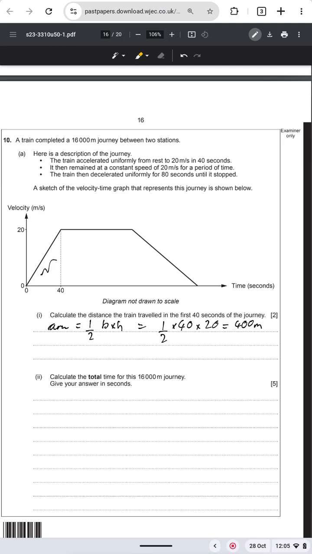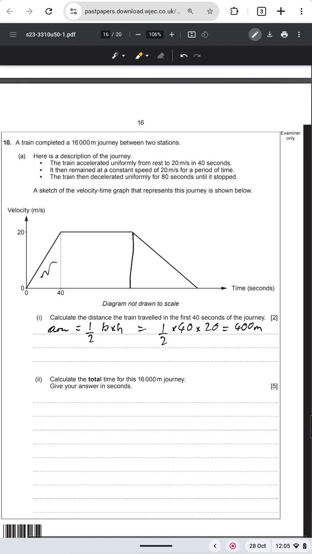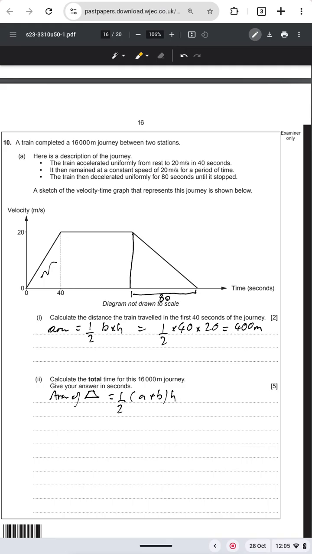Okay, so we've got here another line that goes down here, and this length here is 80. So if you notice, we've got the area of a trapezium. So the area of a trapezium, if you look on the front of the page, I'll just draw a trapezium, is equal to half a plus b times the height.